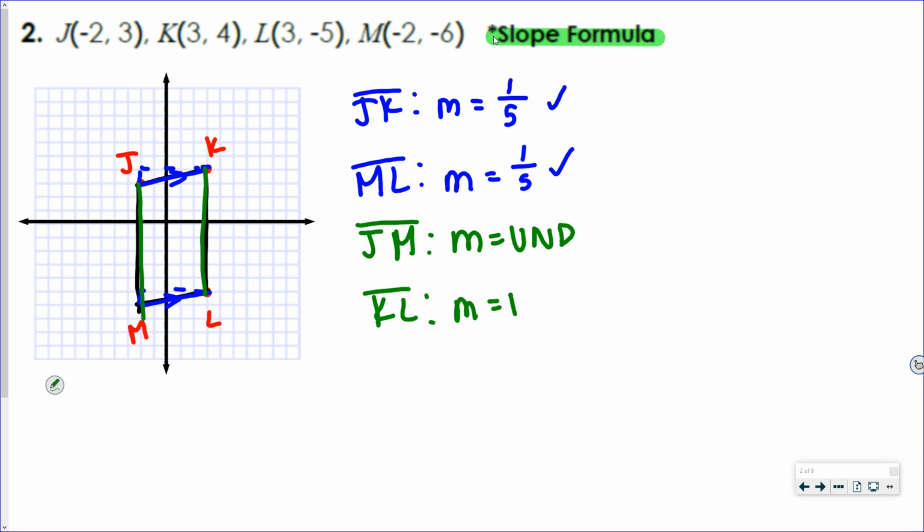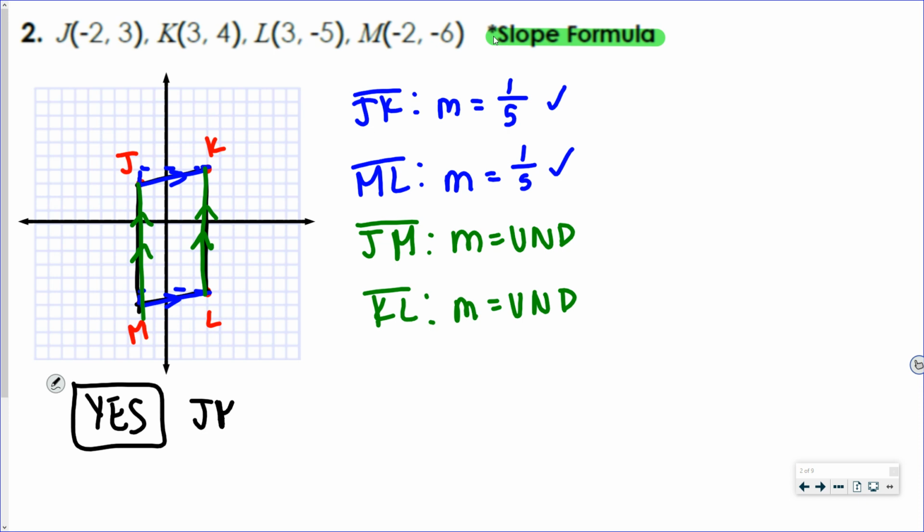So since they have the same slope, those sides are parallel. I know nothing about their lengths. Is that enough to say it's a parallelogram? Yes, that was one of our 6 cases. If you can show both sets of opposite sides are parallel, then it is a parallelogram.